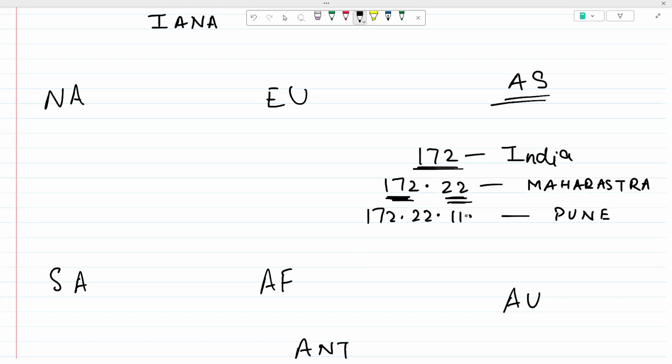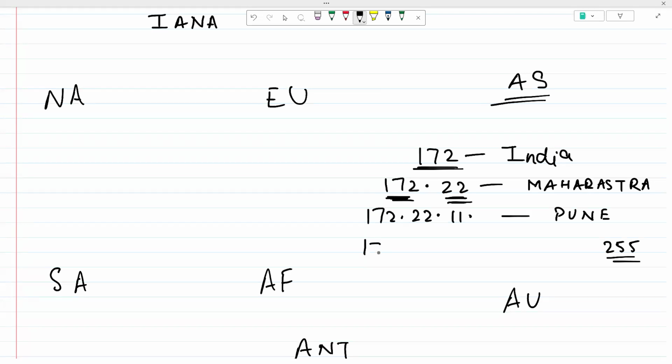Now imagine, again, as I said, it's a hypothetical situation. Imagine there are only 255 people in Pune, for example. So now what will happen?